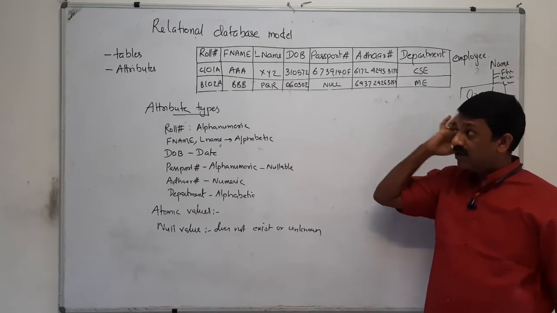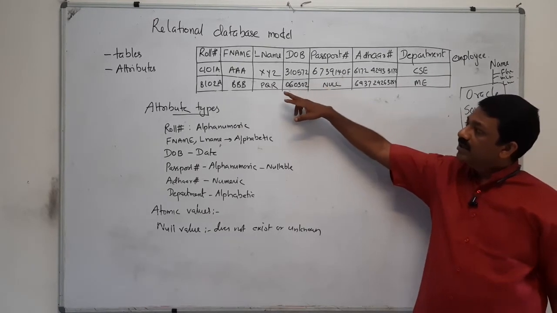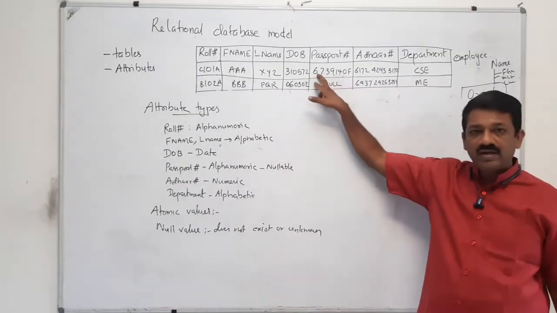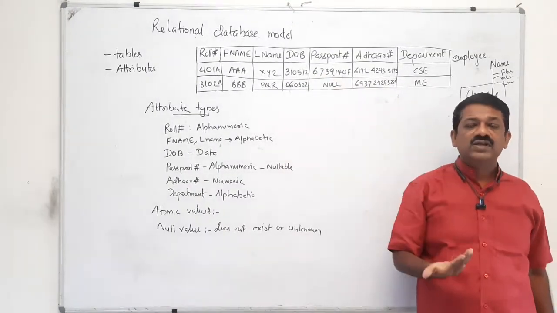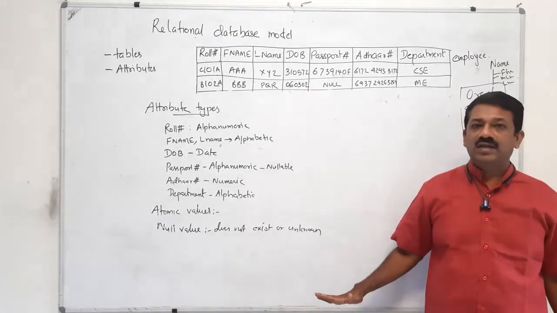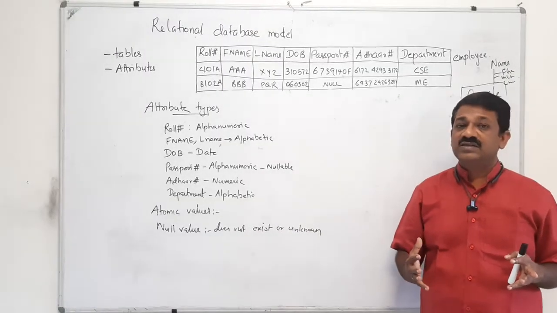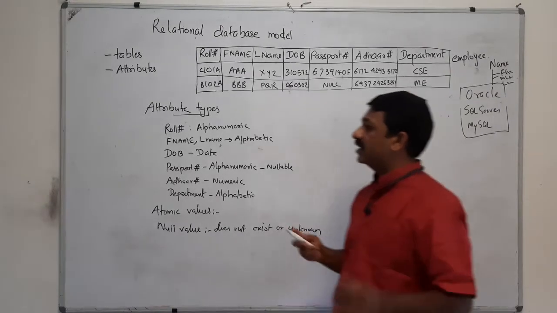For example, here the details of 2 employees are recorded in the database. If you have 10,000 employees, then you have 10,000 records in the database of this employee. So number of records or number of tuples in that relation is called the cardinality of the relation.